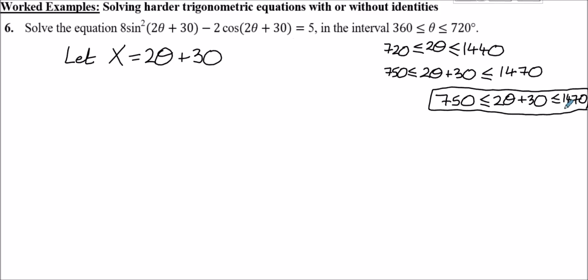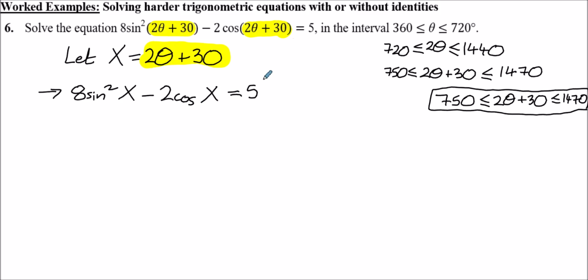So by making this substitution of big X being 2 theta plus 30, this does simplify things to quite a big extent. So by letting this substitution take place, this equation above becomes 8 sine squared big X minus 2 cos big X equals 5.